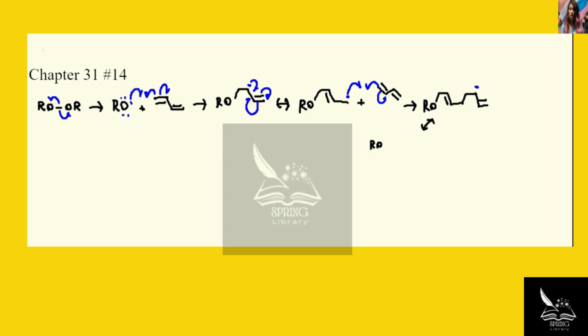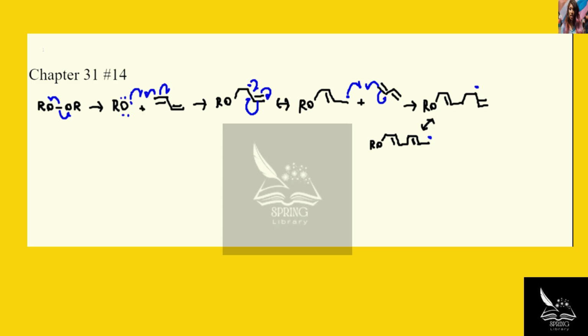Sorry, I need to redraw that. Okay, so if we were to draw the radical rearranging, we would have a situation where our double bond is now there, and our radical is now on the terminal carbon again.